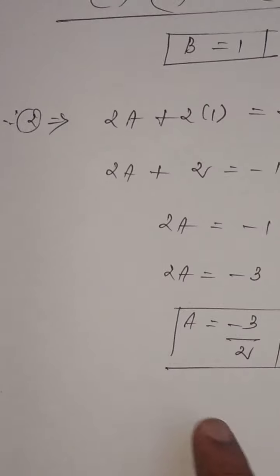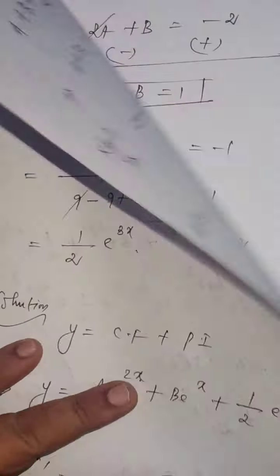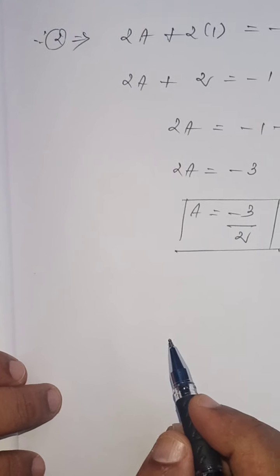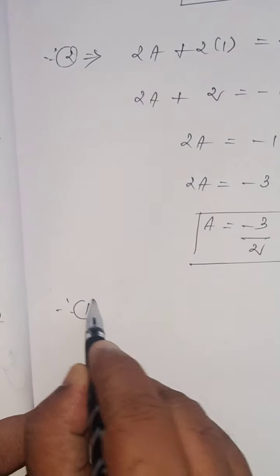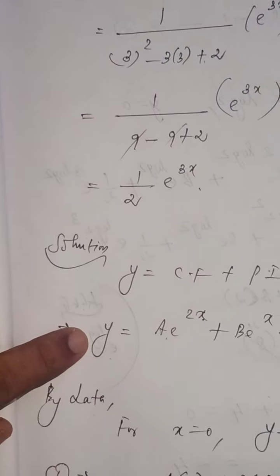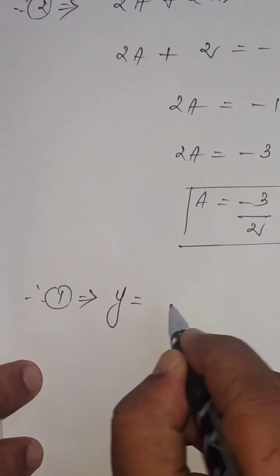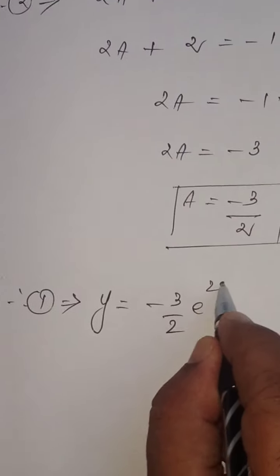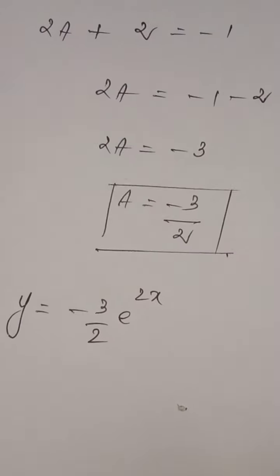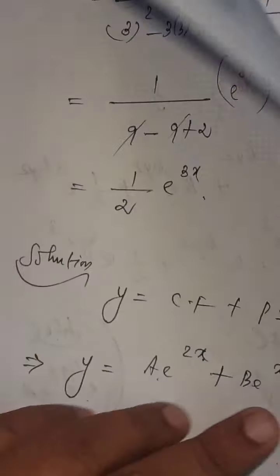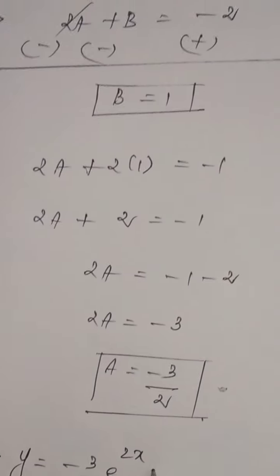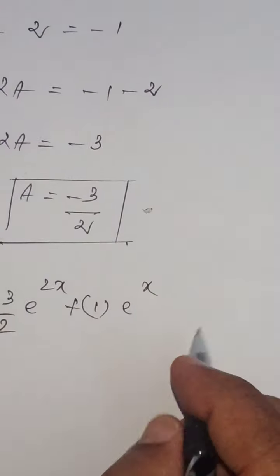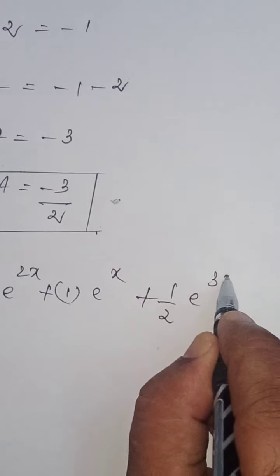Okay. Now I got the values of a and b. I am going to substitute the values of a and b in equation number 1. That's all. Therefore, equation 1 implies y equals a value, minus 3 by 2 e power 2x, plus b into e power x, b value 1 into e power x, plus half into e power 3x.